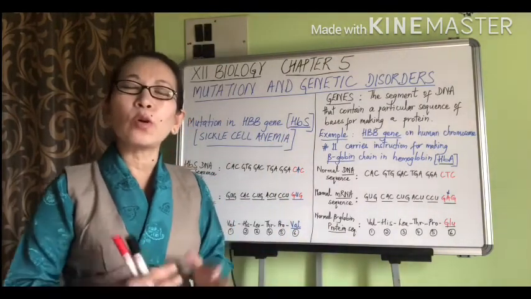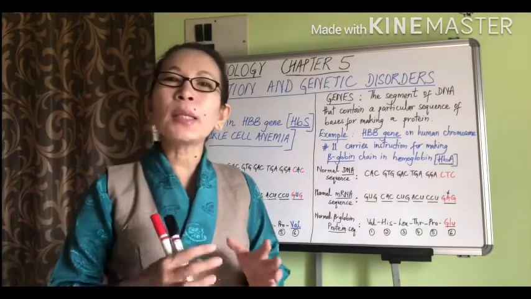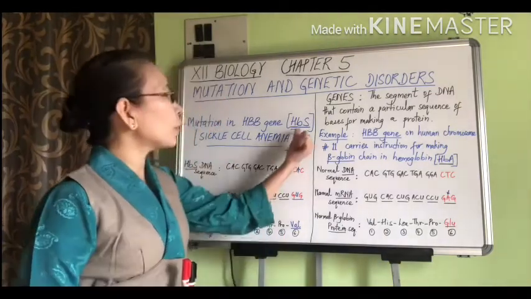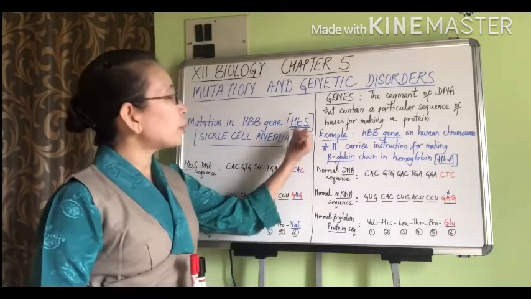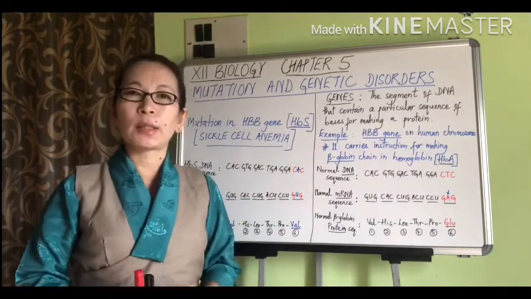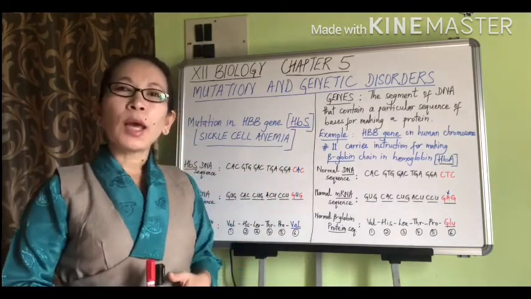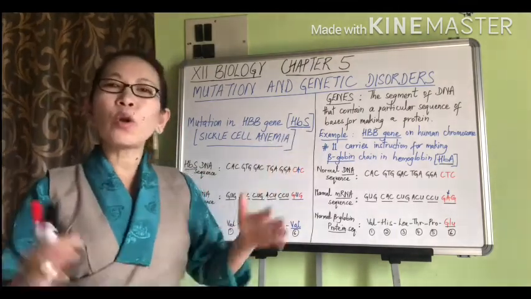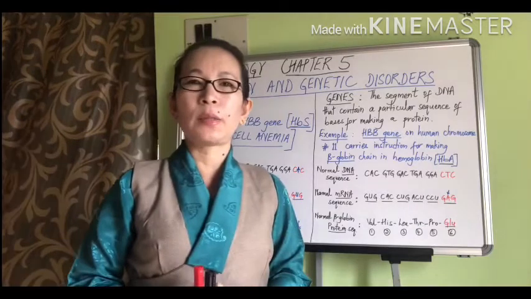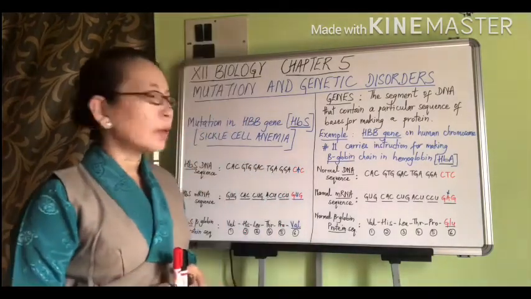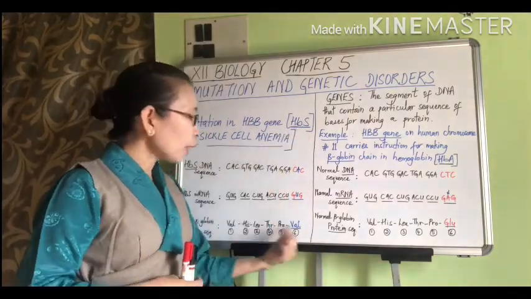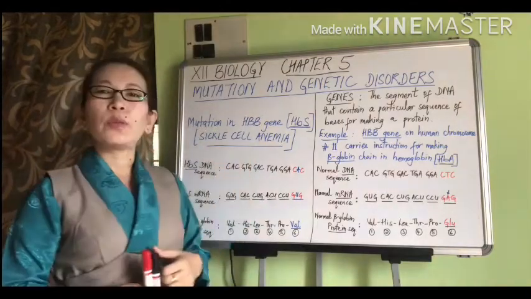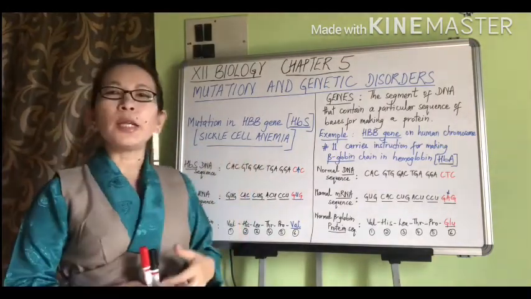So now the hemoglobin or the RBC has become sickle shaped, and such hemoglobins are represented as HBS. And an individual having two such alleles, two copies of HBS in their gene, is going to have a disease known as sickle cell anemia.